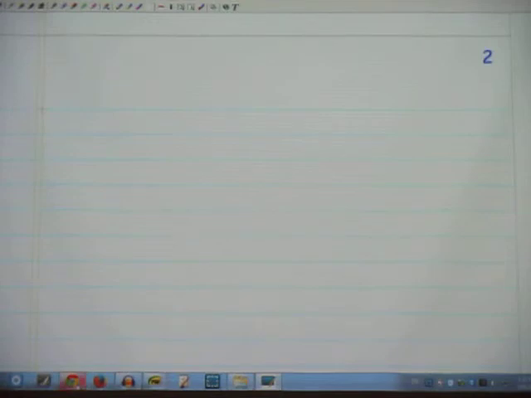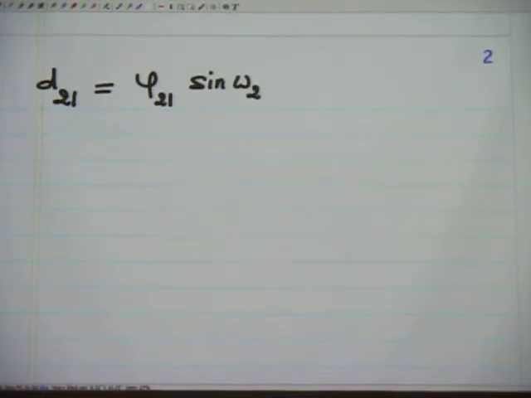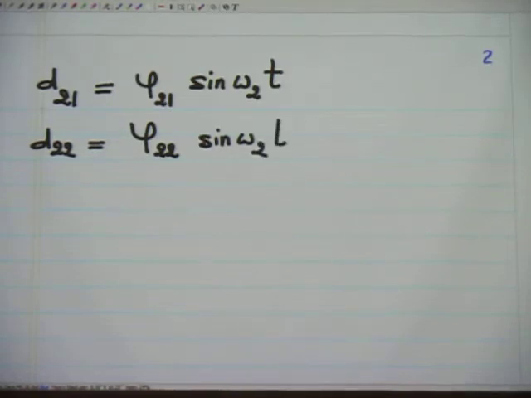Let me write down here, using the same notation, D21 and D22. D21 is equal to phi 21 sine of omega 2 t, and D22 equal to phi 22 sine of omega 2 t.